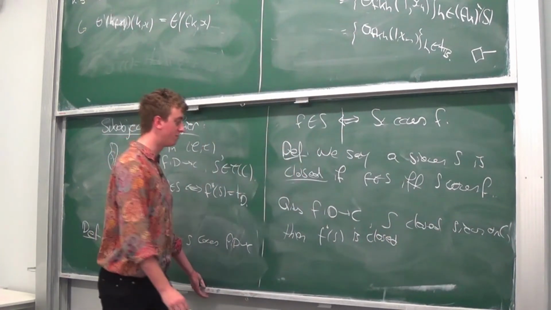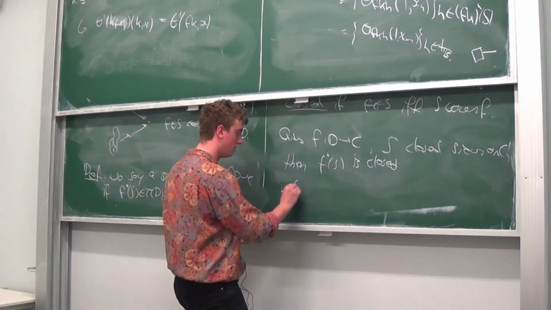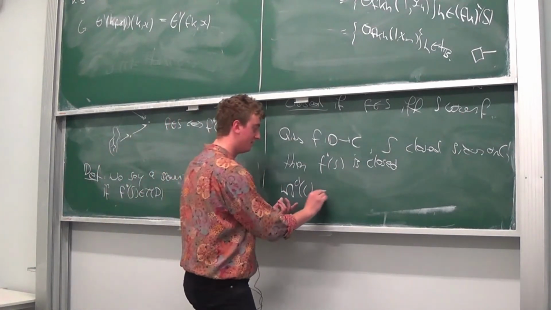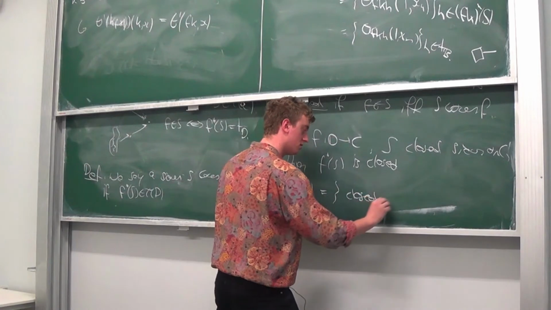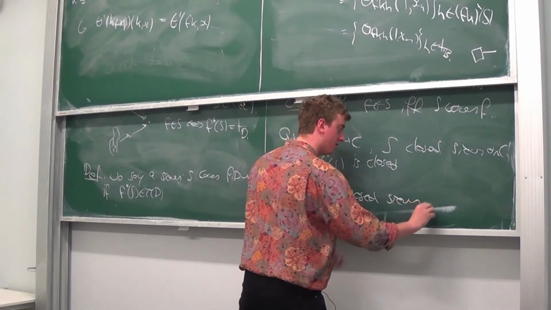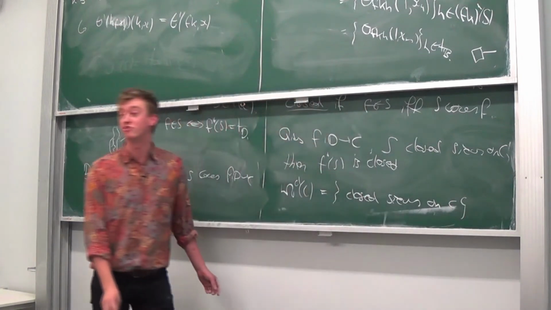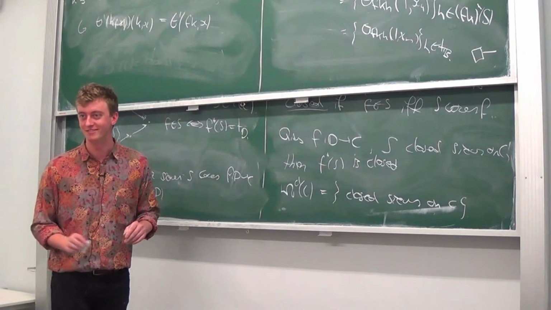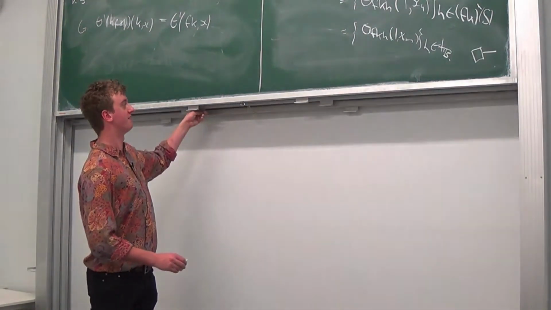This means that we can write down a presheaf, omega closed on C, which we'll define to be the set of closed sieves on C. Presheaf, sorry, I should say. We're going to show that this presheaf is actually a sheaf. Spoiler alert, this is going to be our subobject classifier.